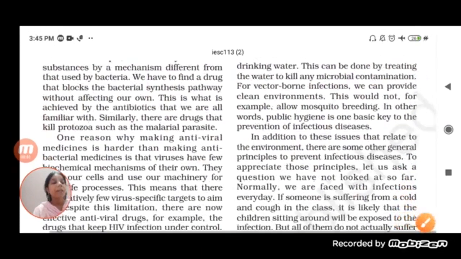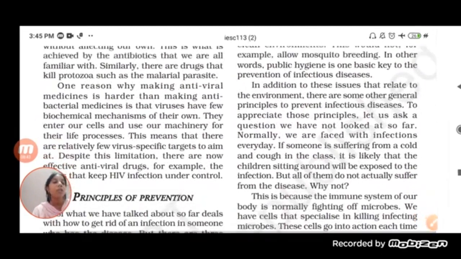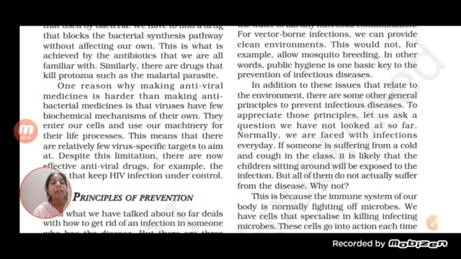Now see here, in addition to these issues that relate to the environment, there are some other general principles to prevent infectious disease. And to appreciate those principles, let us ask a question we have not looked at so far. Normally, we are faced with infections every day, and if someone is suffering from cold and cough in the class, it is likely that the children sitting around will be exposed to the infection.